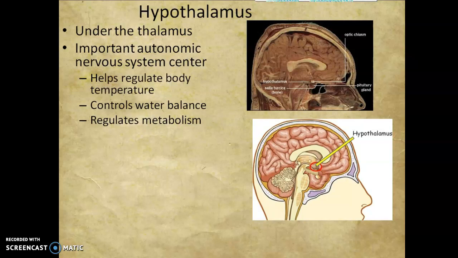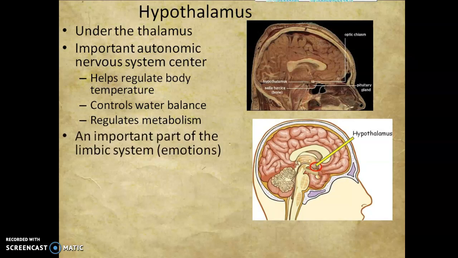For example, it helps to regulate body temperature, helps to control water balance with the help of the excretory system, helps to regulate metabolism, and helps some of your involuntary organs operate, all of those involuntary things that we don't have to put any conscious control into. This is the part of the brain that helps them do that.